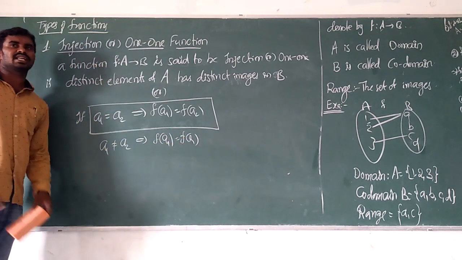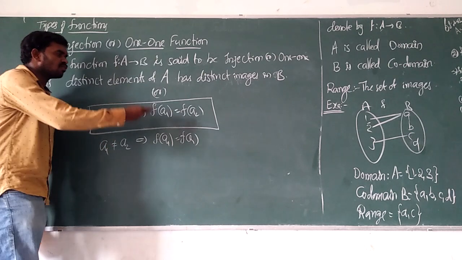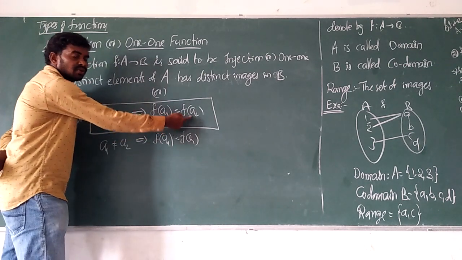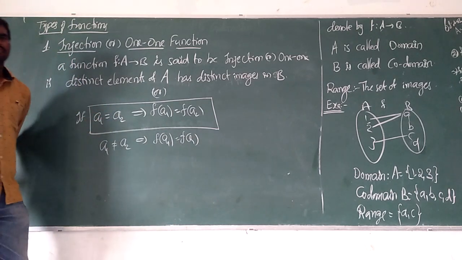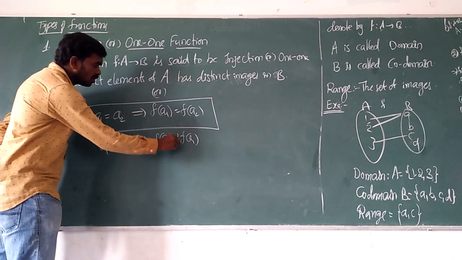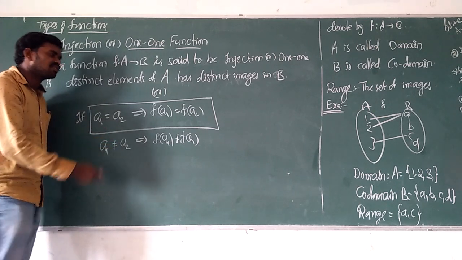Then also we can say that f is a 1-1 function. And the converse, that is, if f of a1 equal to f of a2, then a1 equal to a2. Then also f is a 1-1 function. And if f of a1 not equal to f of a2, then a1 not equal to a2. That is also a definition of a 1-1 function.